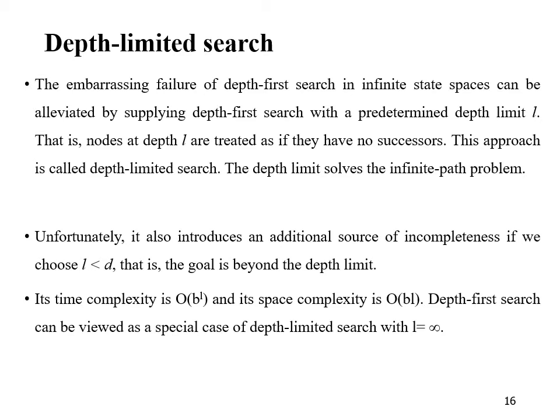The embarrassing failure of depth first search in infinite state spaces can be alleviated by supplying depth first search with a predetermined depth limit L. That is, nodes at depth L are treated as if they have no successors. This approach is called depth limited search. The depth limit solves the infinite path problem, so the problems which were coming in depth first search will be eliminated by depth limited search.